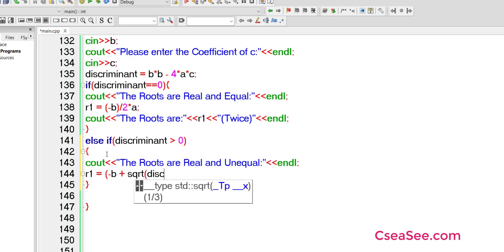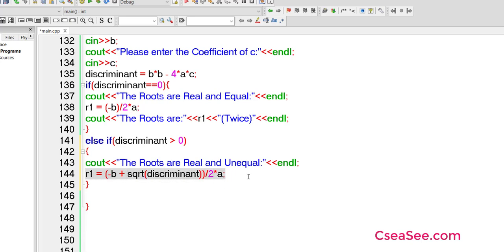We need to use the square root function and calculate the discriminant. Close it and close it, and you divide by 2 times A. So that is how we calculate the root.